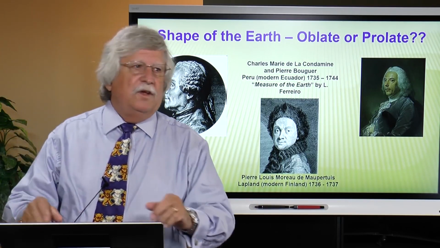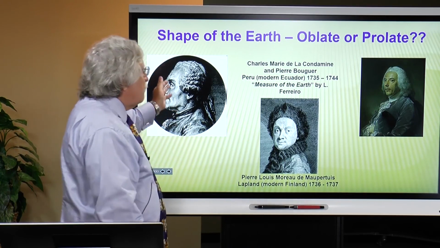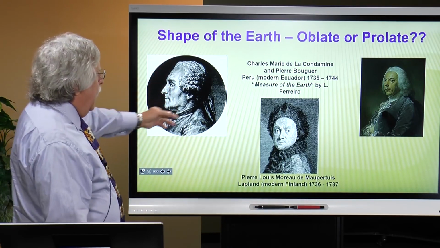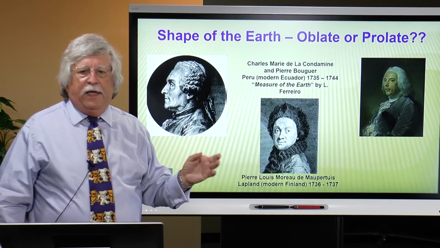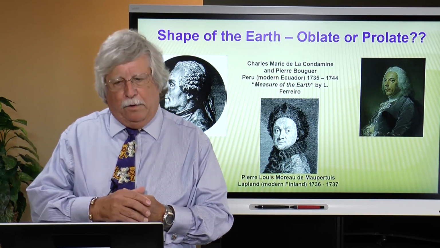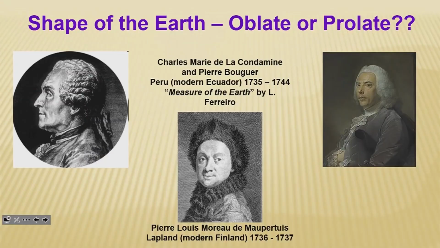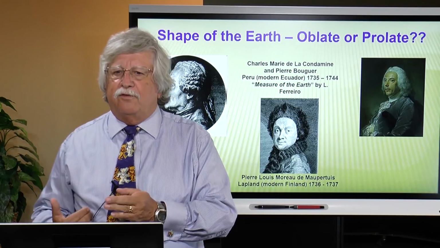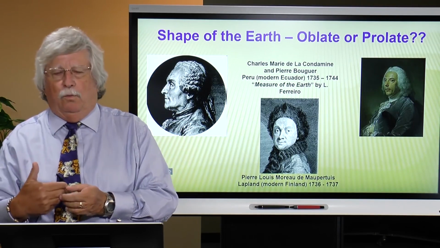The 2 gentlemen that you see on the corners here, La Condamine and Bouguer, they go off to what was then called Peru. It's modern Ecuador. And they are assigned to perform a measurement of a piece of a meridian. Now understand that a meridian is a line going from the North Pole to the South Pole and going through you, right?